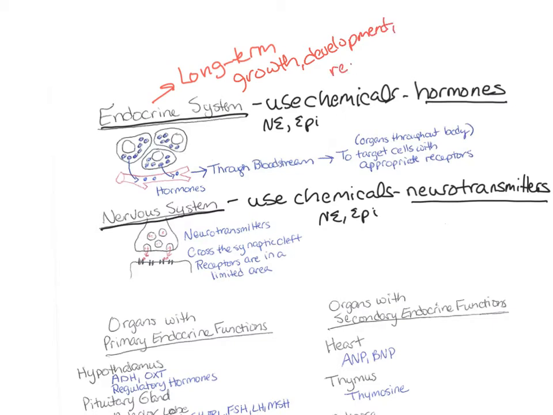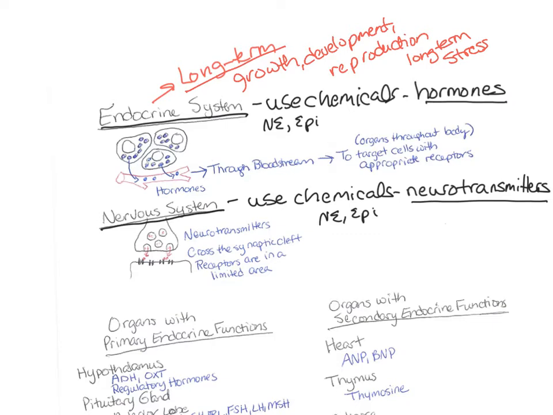And then also in reproduction. So the endocrine system is going to help to deal with all of these processes. In addition, the endocrine system is going to help with things like long-term stress. So we'll go through and we'll talk about those things as we go through the endocrine system.